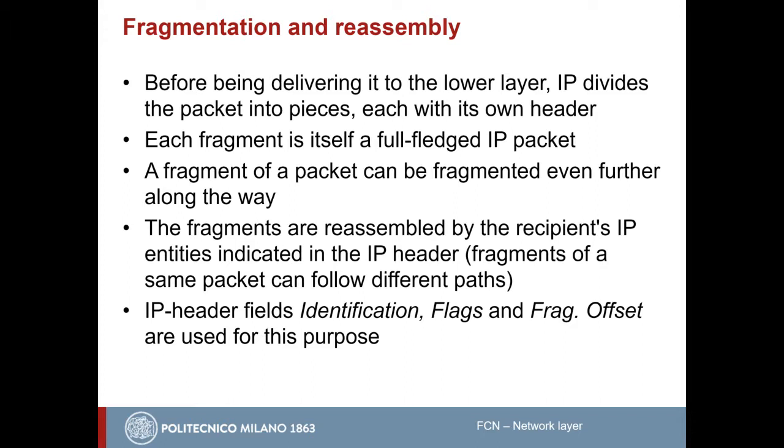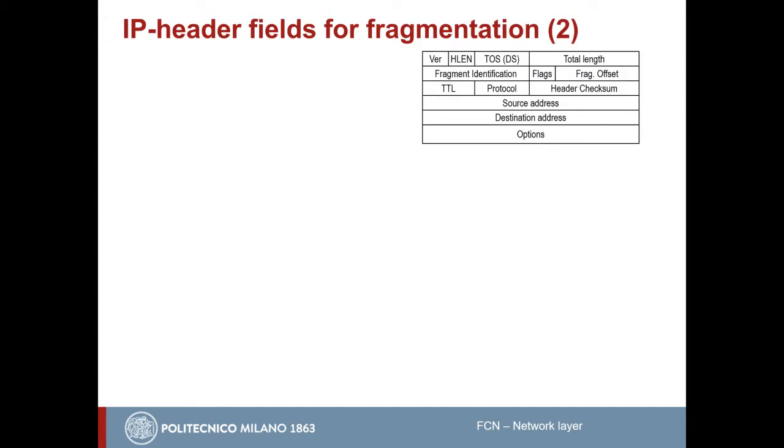In principle, since each fragment is an independent IP datagram, fragments can arrive at the destination out of order. So they must be identified and reordered. This is why we need a certain number of fields in the headers of the IP packets to support this fragmentation operation.